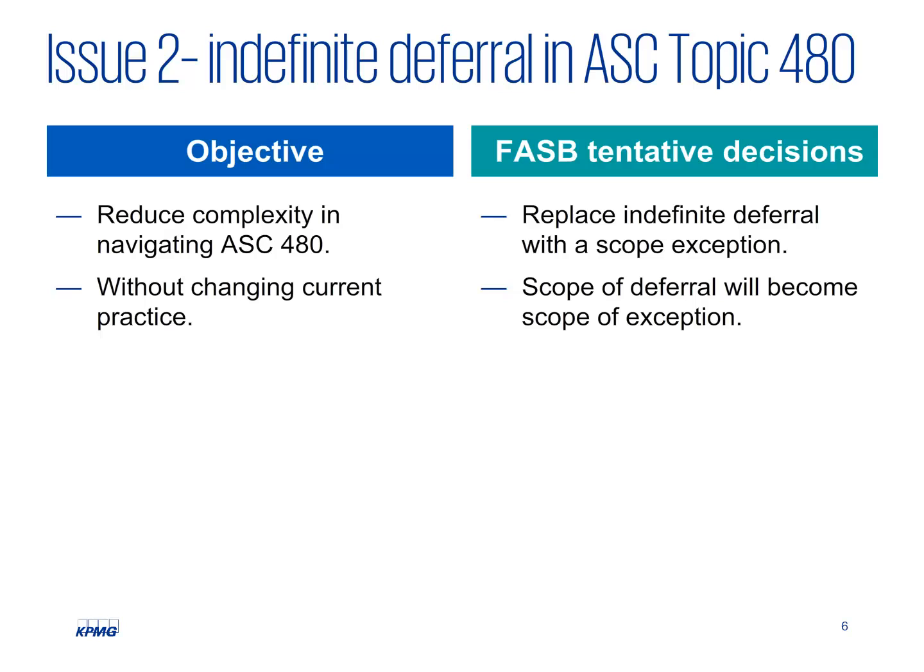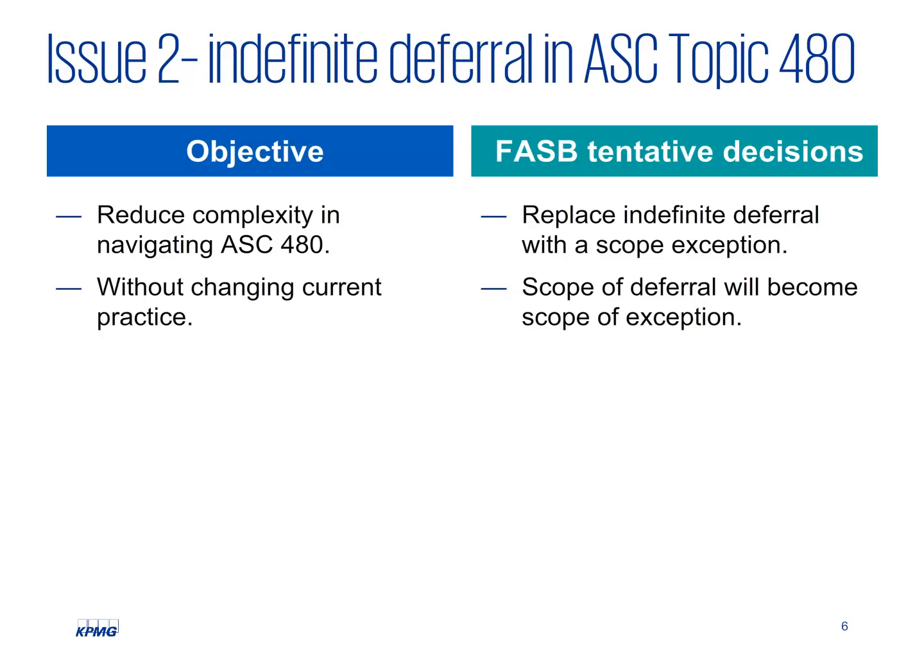This is about the indefinite deferral in ASC 480 regarding mandatorily redeemable instruments issued by certain non-public entities and certain mandatorily redeemable non-controlling interests. In the current literature, the application of ASC 480 to these instruments has been indefinitely deferred.